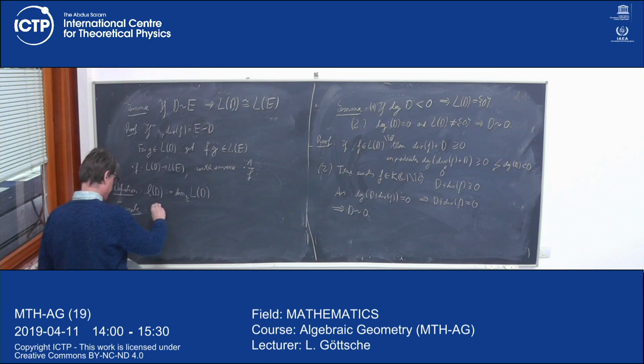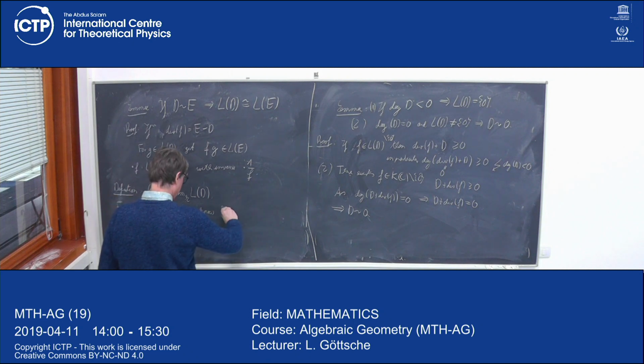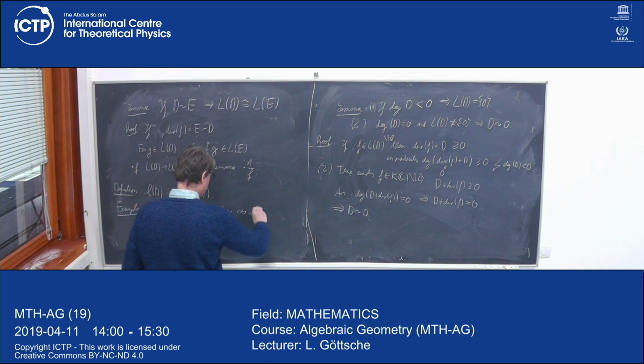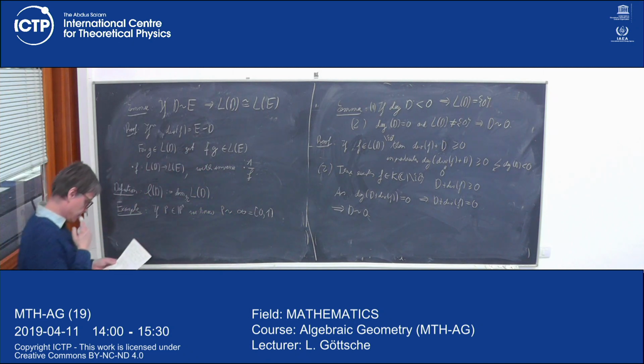So if P is a point in P1, then we know that P is linearly equivalent to the point infinity, equal to (0, 1) in P1, because any two points in P1 are linearly equivalent.